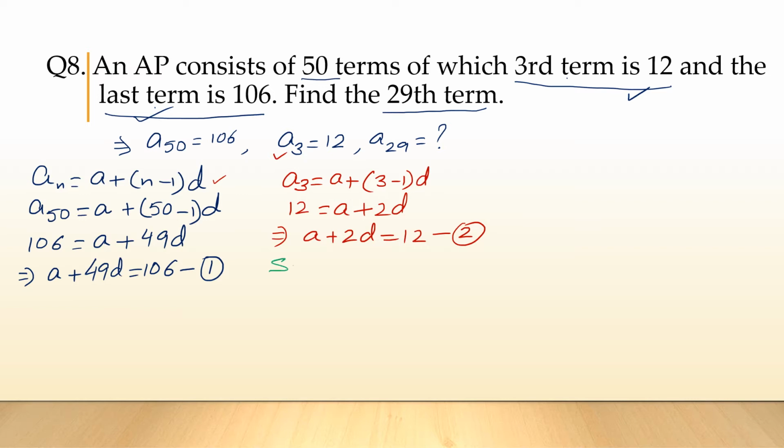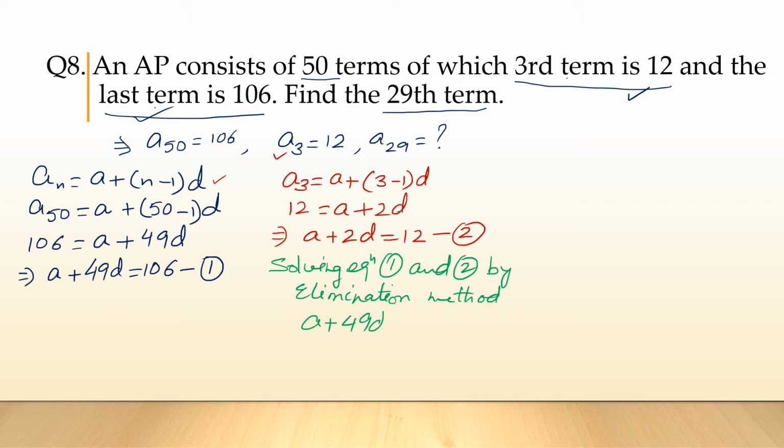So solving equation 1 and 2 by elimination method. You can use any method to solve these equations. So let's write the first equation, which is a plus 49d is equal to 106, and this is a plus 2d is equal to 12.